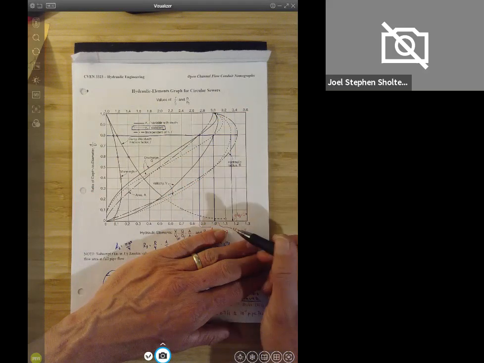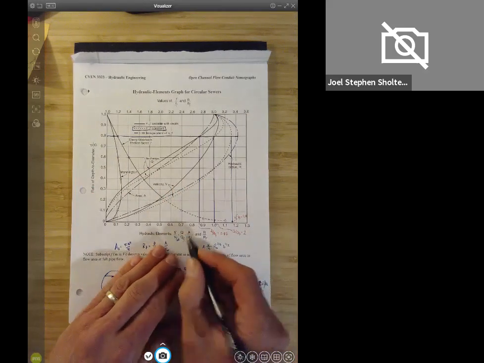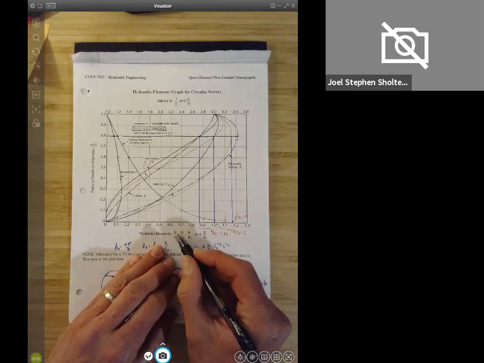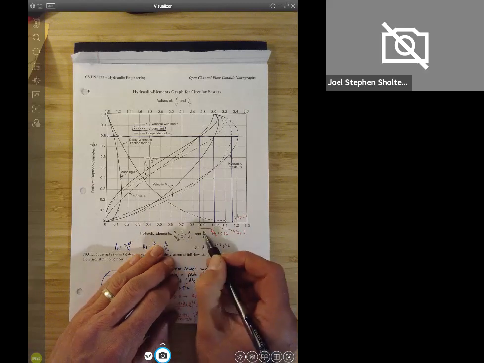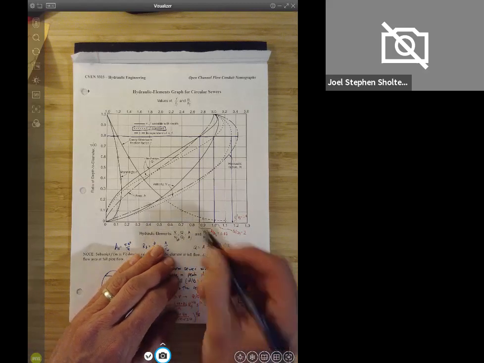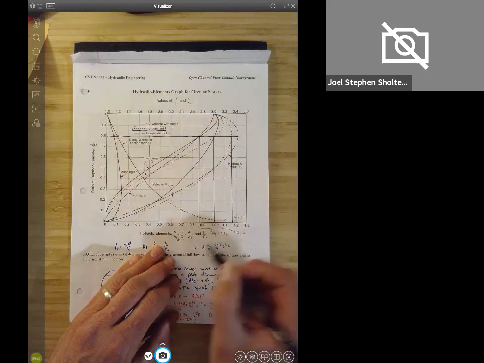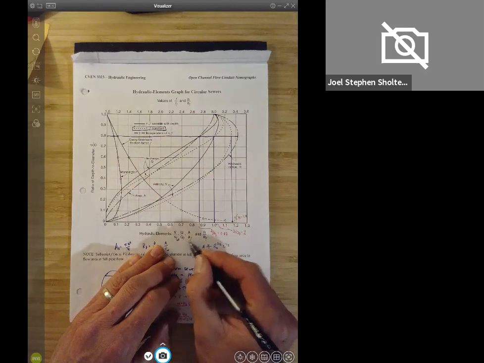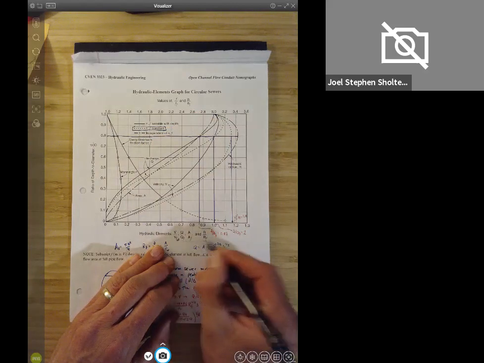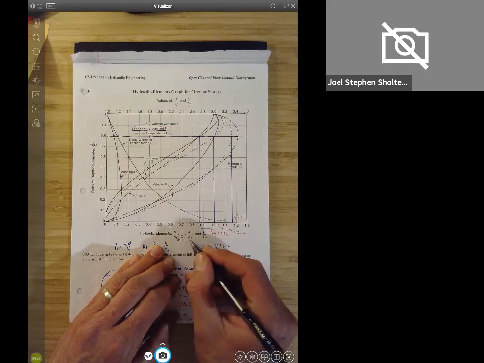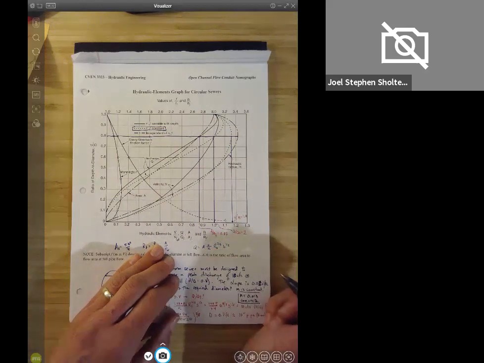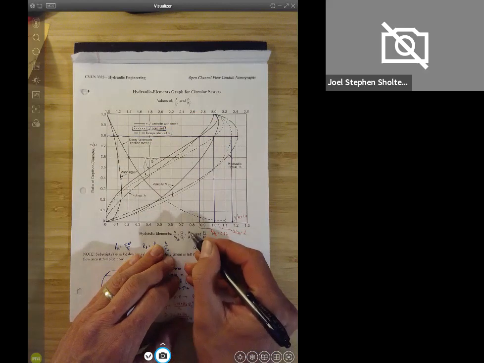So whatever the discharge is at 0.8 divided by discharge full is going to be 1. And so note that all these values over here are going to be whatever velocity, discharge, area, or hydraulic radius that you have at whatever fraction of depth you have related to what those values would be at full. And so we know what hydraulic radius is at full, we know what area is at full, because those are easy to calculate from the circle formulas, but it's harder to calculate area at 0.8 or 0.7.